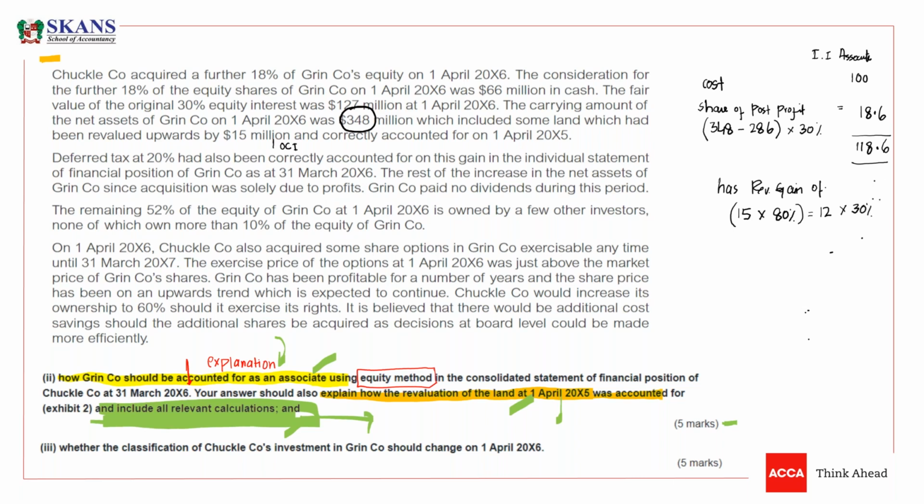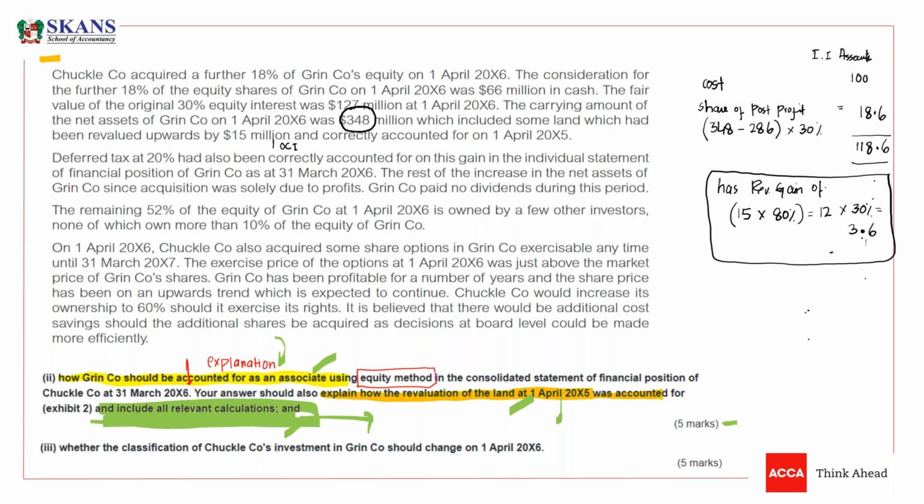So 12 into 30% will give me, I guess, 3.6. So remember this point, guys, that in revaluation, in our investment in associate, we have a revaluation gain of 3.6.